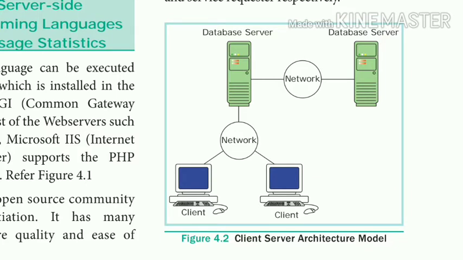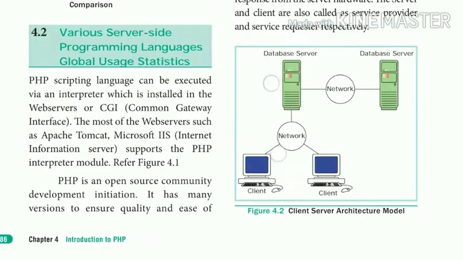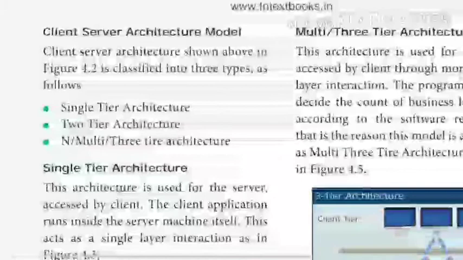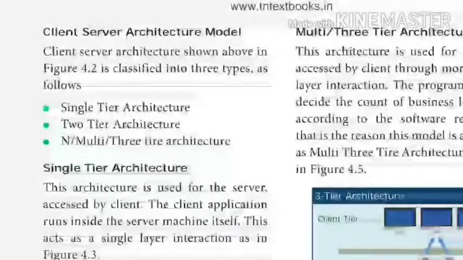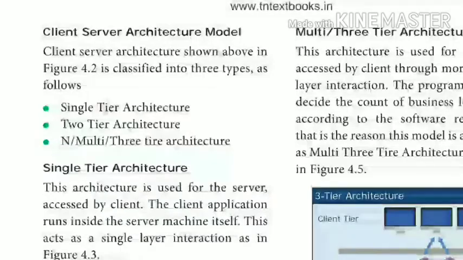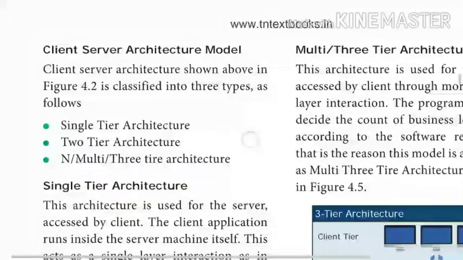So this is client server architecture. Next, you can see the different types of client server architecture model. The client server architecture model shown in figure 4.2 is classified into three types: single tier, two tier, and multi or three tier architecture.